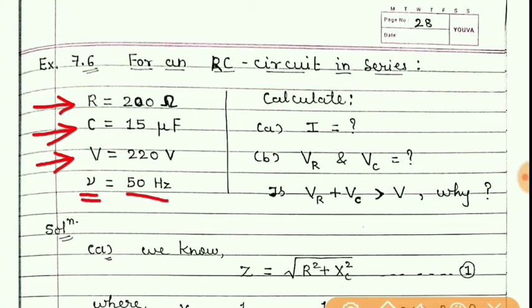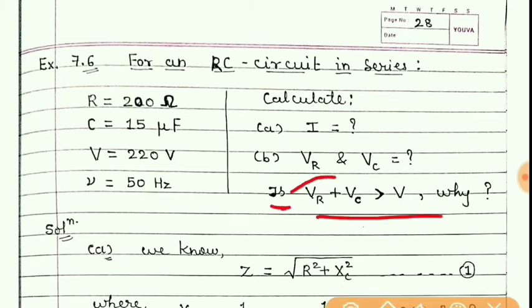Here we have to calculate the RMS value of current, that is capital I. Also the voltage across resistor and the voltage across capacitor are to be calculated. And here we have to answer this question, that is VR plus VC greater than V, and we have to give the reason why.